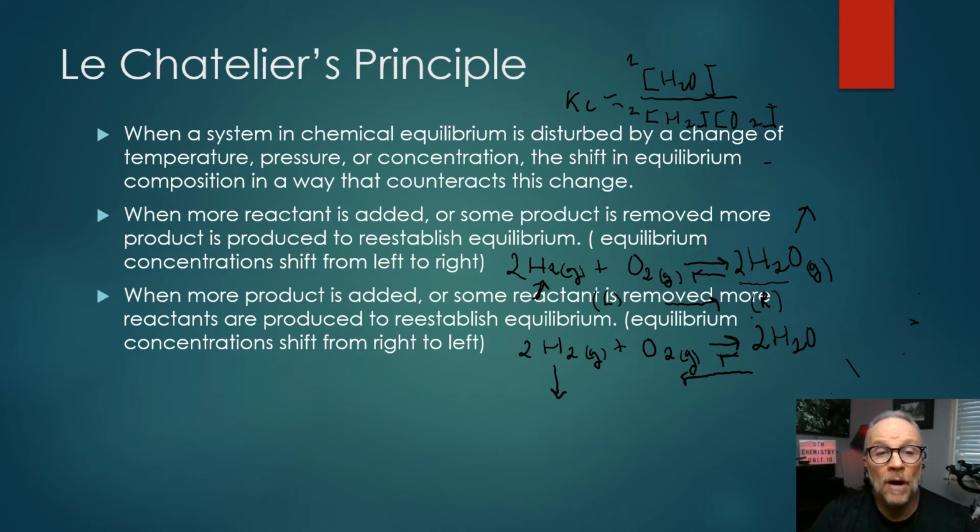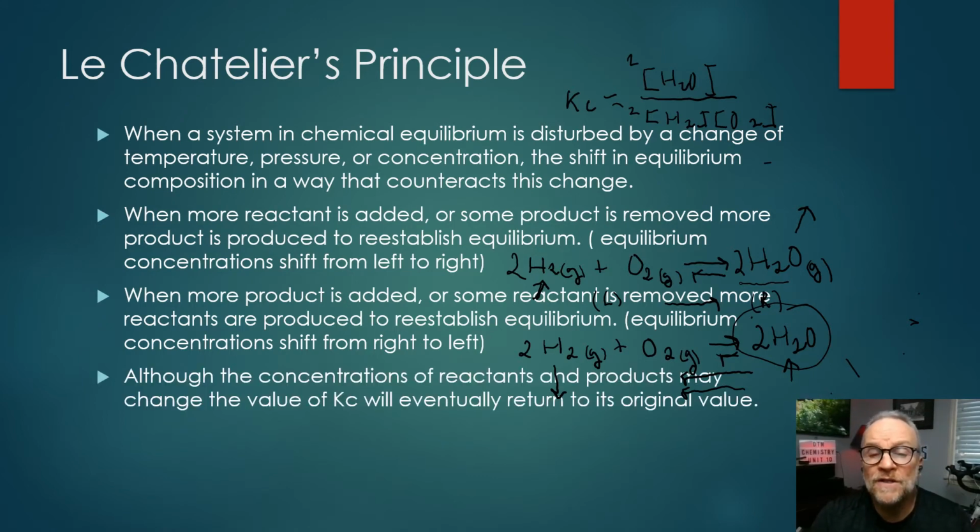So if more product is added or some reactant is removed, more reactants are needed. So in this case, let's say that we add more product, the reaction is going to shift from right to left also. So if the reactant is removed or more product is made, the reaction shifts to the left, like so.